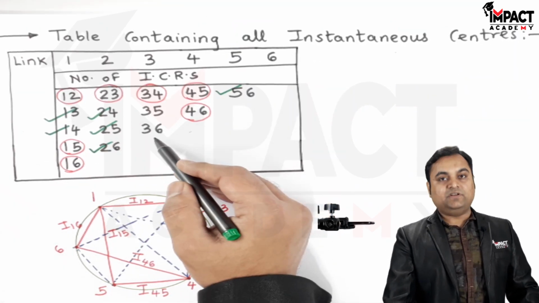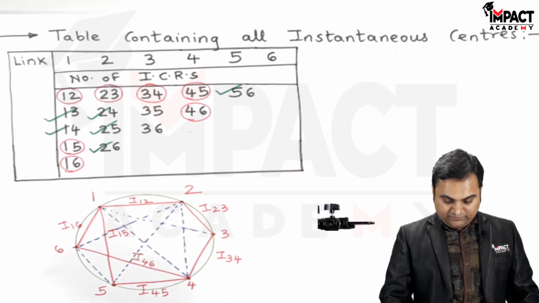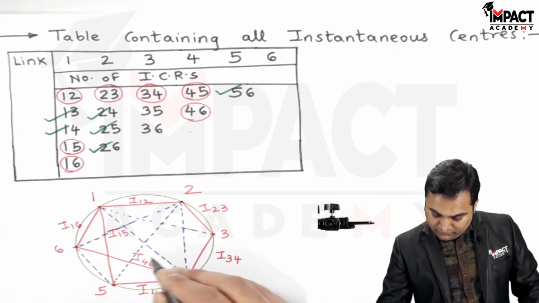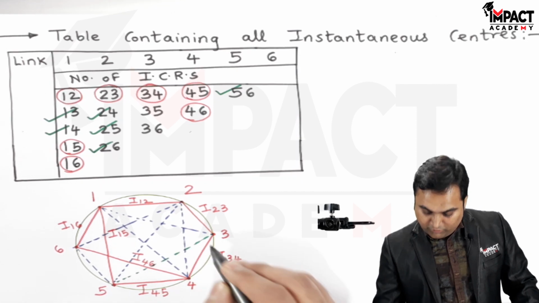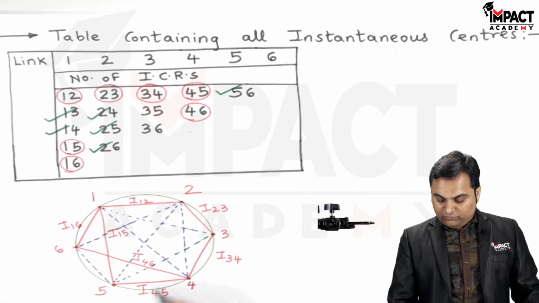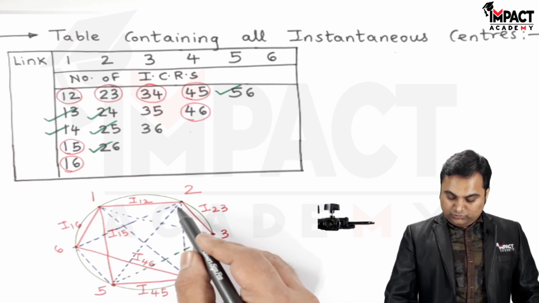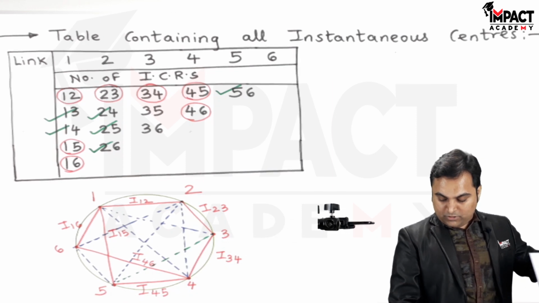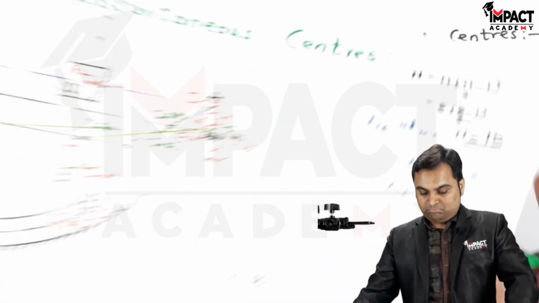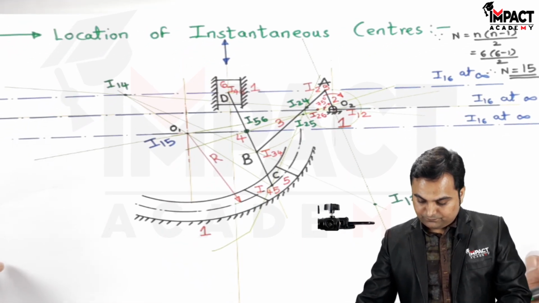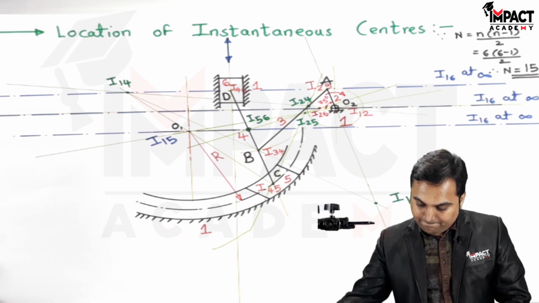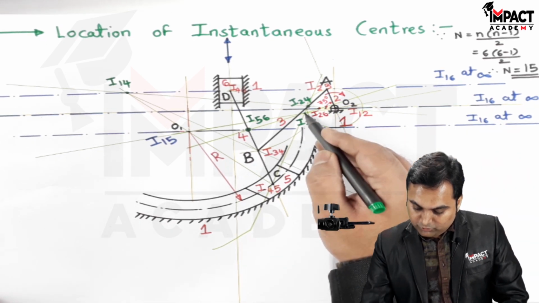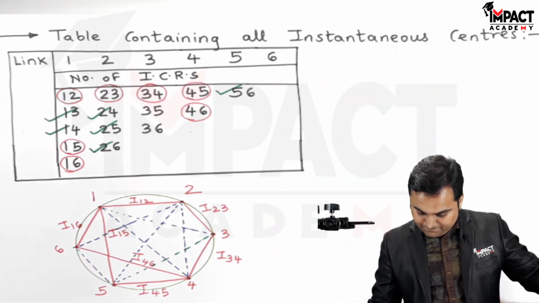Then 3 5 and 3 6 are the two ICRs which are left. So 3 5 will be connected, forming two sets of triangles, that is 3 4, 4 5 and 2 3, 2 5. So 3 4, 4 5 and 2 3, 2 5 would be projected.